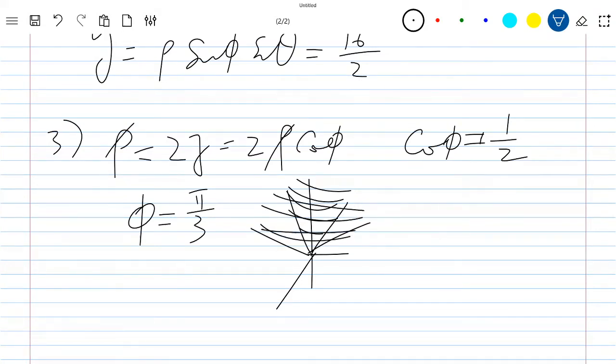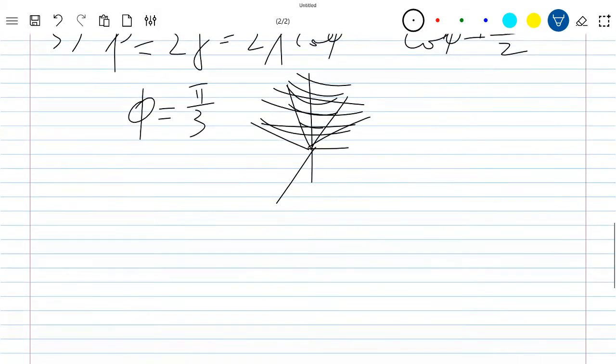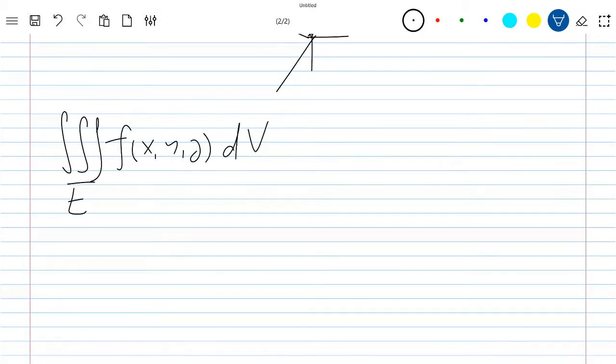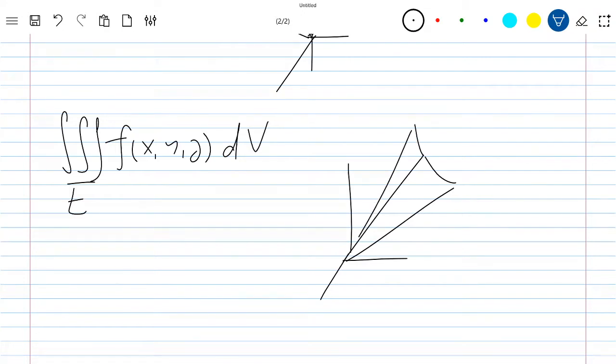So that's a cone. And let's see, how do we do integration? Suppose you want to do integration in this way. So let's first find out how we write down dV in spherical coordinates. Suppose this is the origin, and you have a volume element.